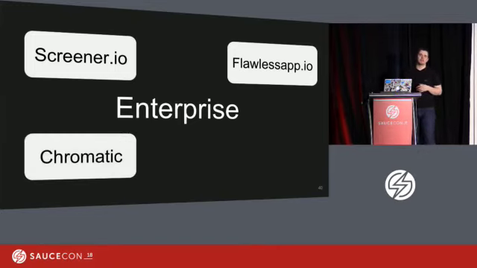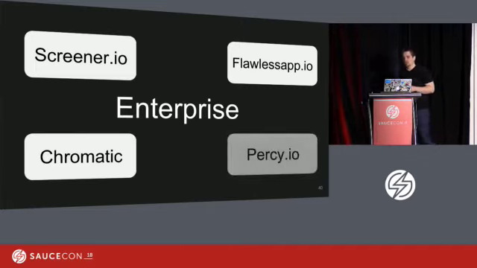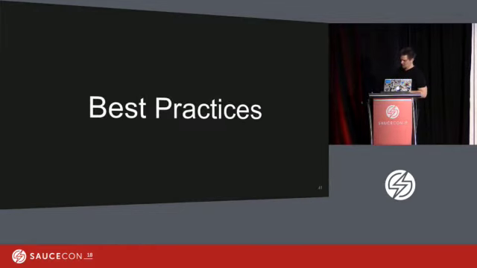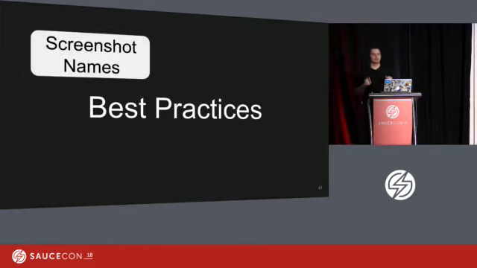Chromatic is a tool that I don't believe they have released to the public yet, but it's also focused on Storybook testing. And last but not least is Percy.io. It's a fairly nice visual test tool that integrates with continuous integration, and recently they released integration with Storybook as well. So, best practices. Screenshot names.